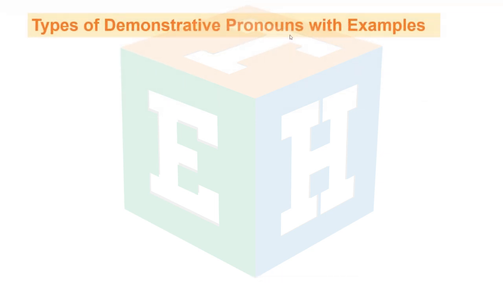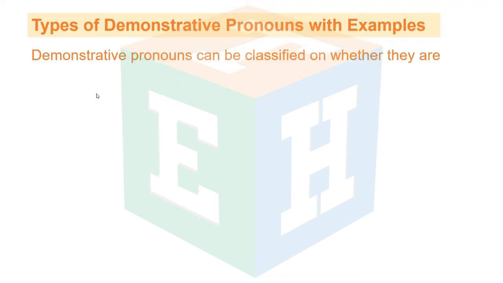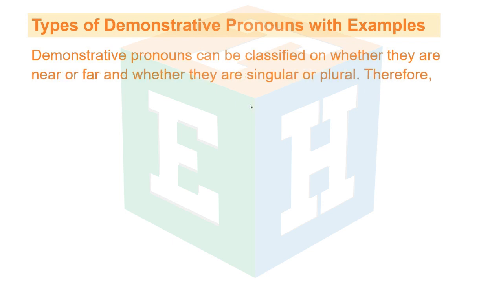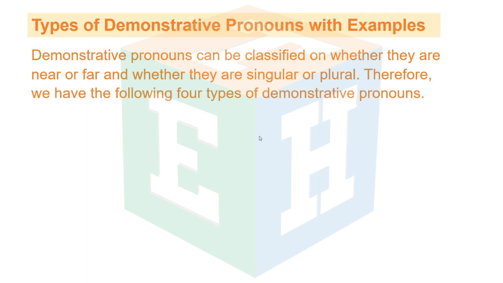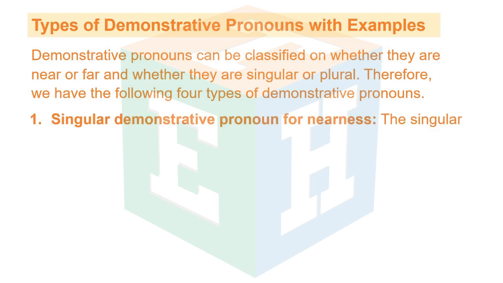Types of demonstrative pronouns with examples. Demonstrative pronouns can be classified on whether they are near or far and whether they are singular or plural. Therefore, we have the following 4 types of demonstrative pronouns. Number 1. Singular demonstrative pronoun for nearness.